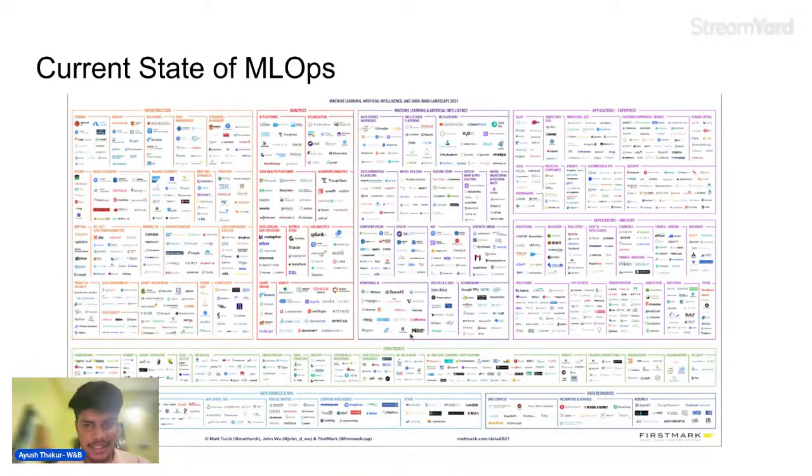I'm not sure if you all can see this image because it has been shrunk down, but there are so many tools out there, open source, proprietary, for different components like infrastructure, experiment tracking, analysis, data cataloging, etc. Obviously anyone will be confused about what to choose, what is actually required for your stack, or your pipeline, even your use case or the problem that you're solving.